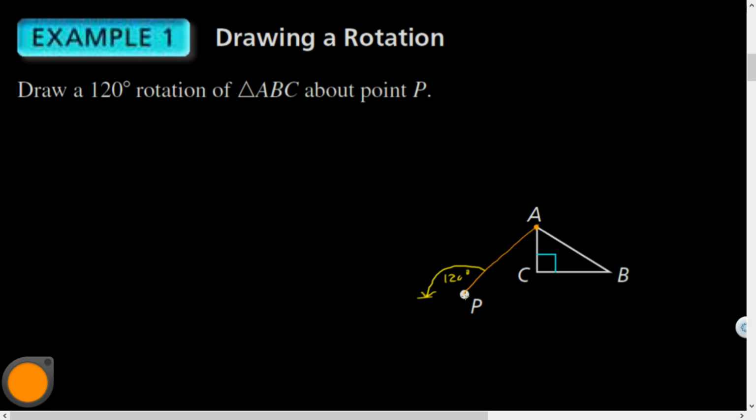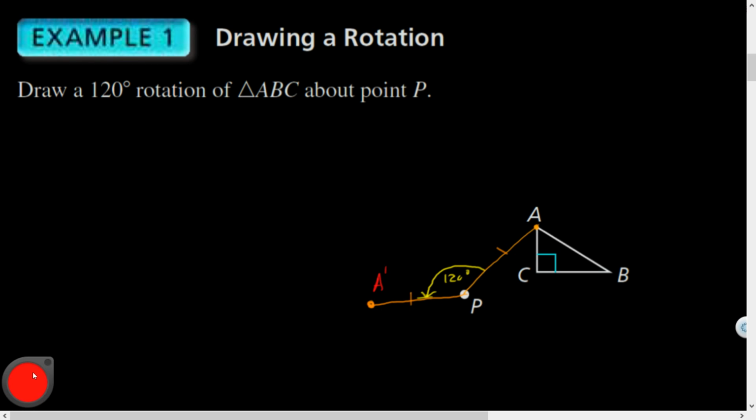Then I would measure out the same distance and draw that point so that these are congruent. This would be A prime. That's about what 120 degrees looks like.